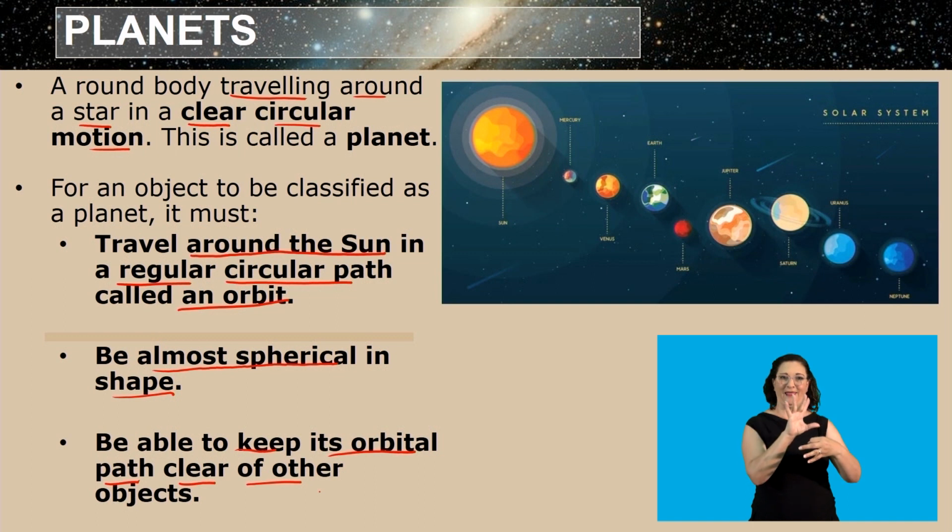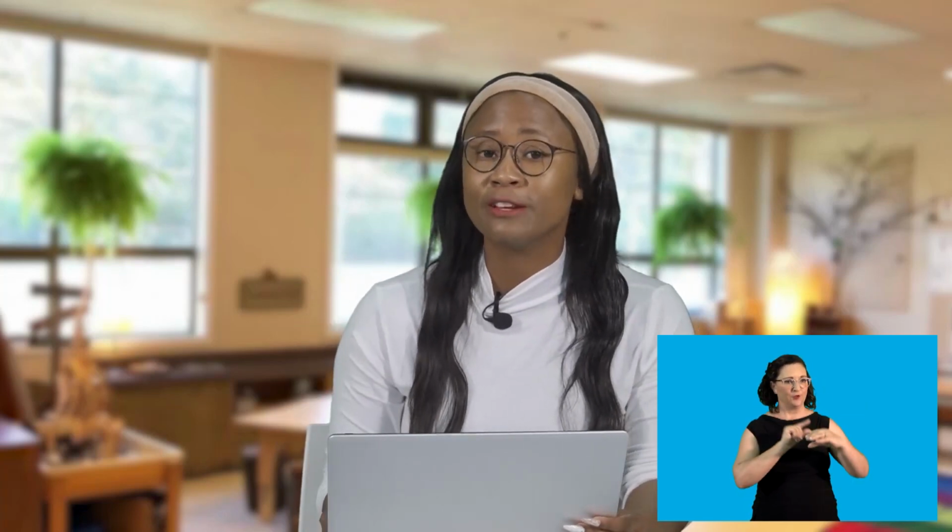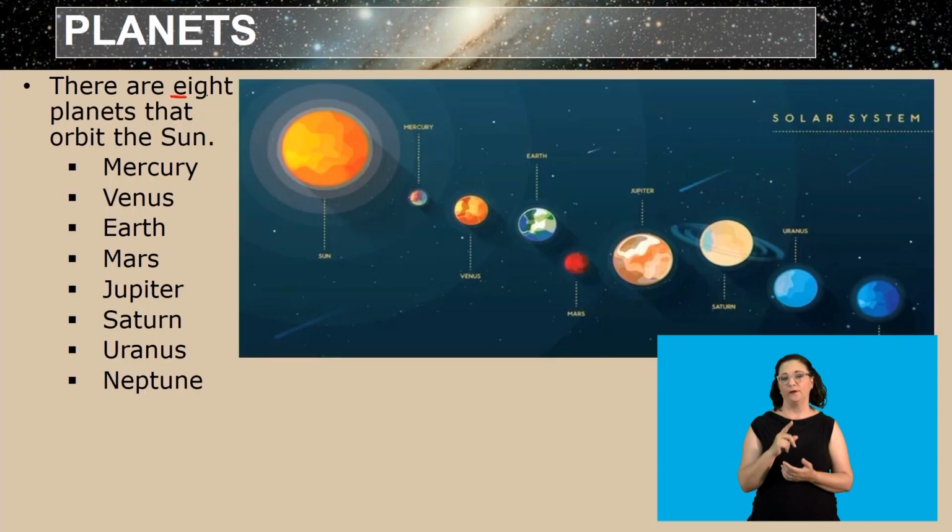This means that when this particular object orbits around the sun, it is not supposed to collide with other objects. So it must make sure that its path is clear in order for it to be referred to as a planet.